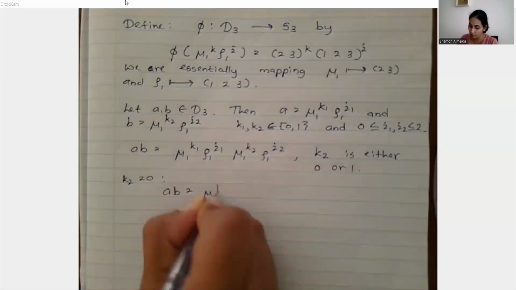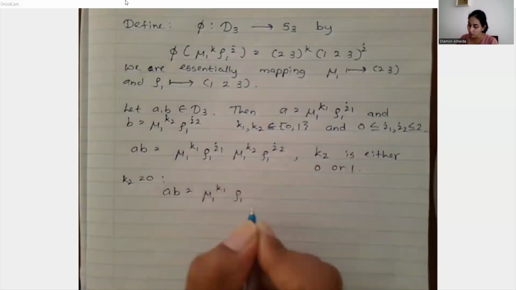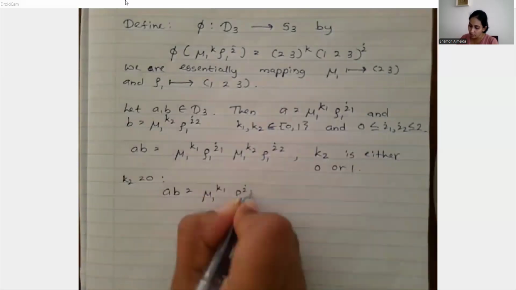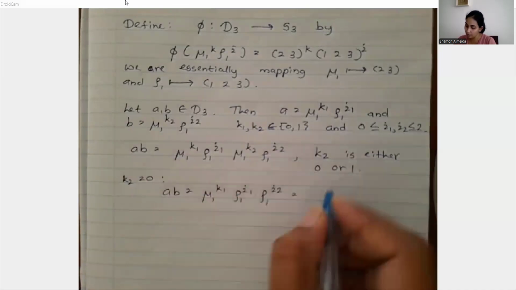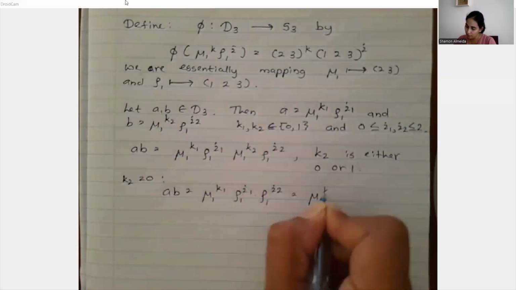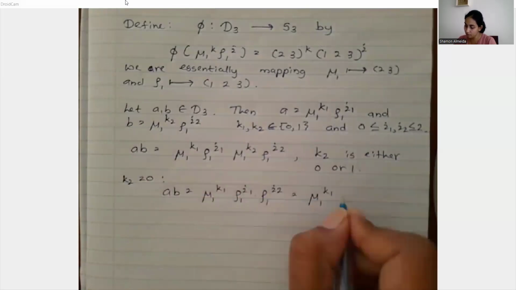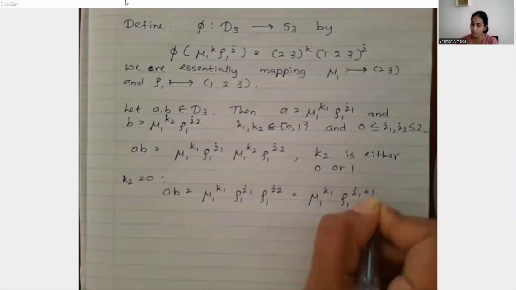We have mu1 K1, rho 1 I1 times rho 1 I2. This is simply mu1 K1, rho 1 I1 plus I2.